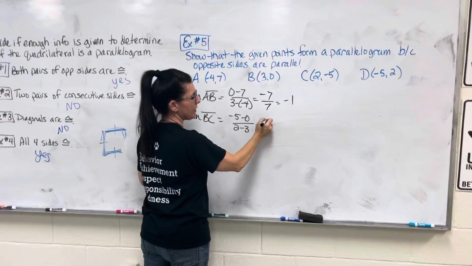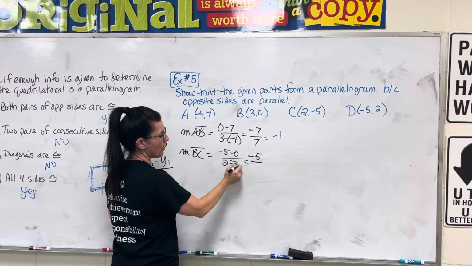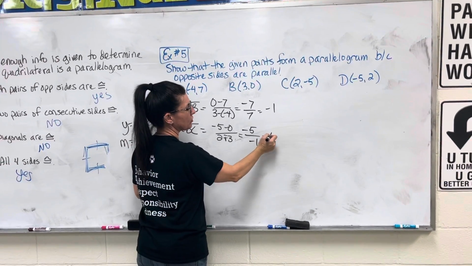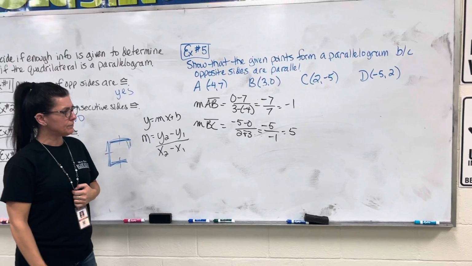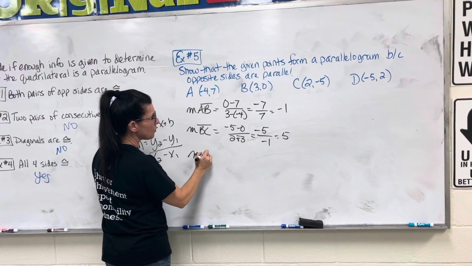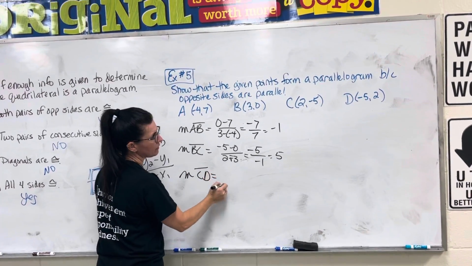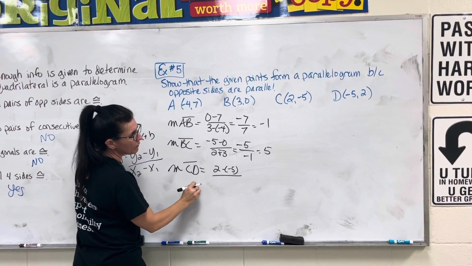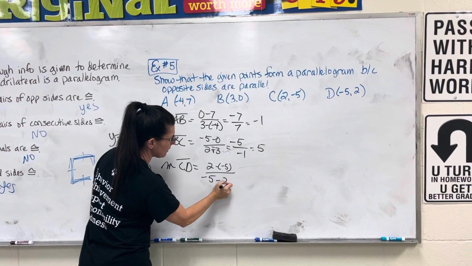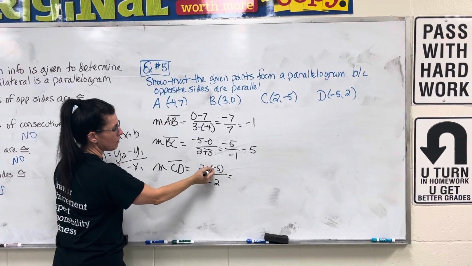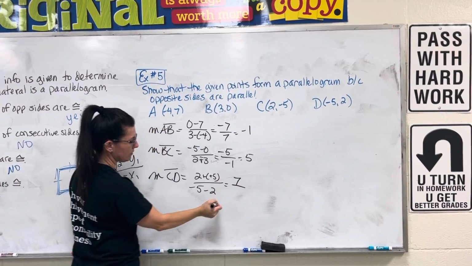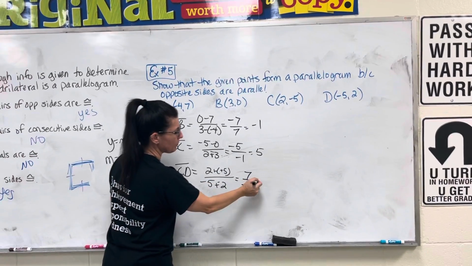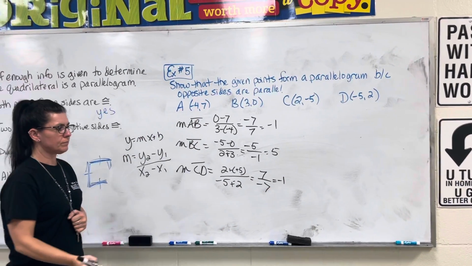On top gives me negative 5. On bottom gives me negative 1, which in turn is a slope of 5. Slope of CD. On top we have 2 minus negative 5. On bottom, negative 5 minus 2. So on top is 7, on bottom is negative 7. When you simplify, that becomes negative 1.